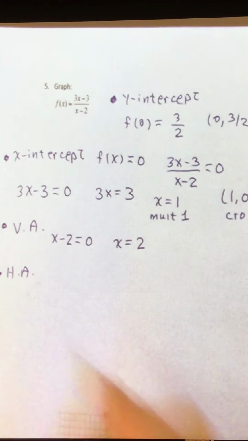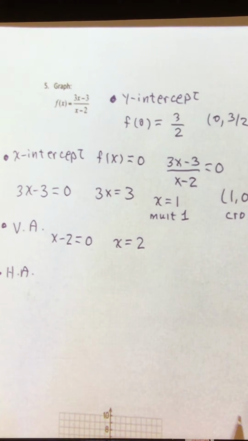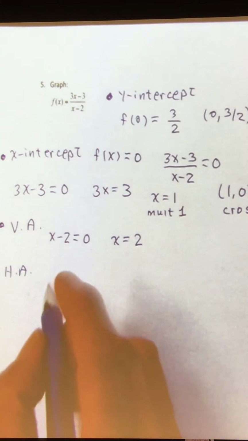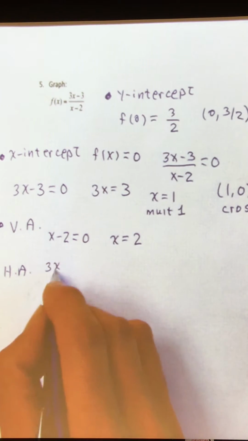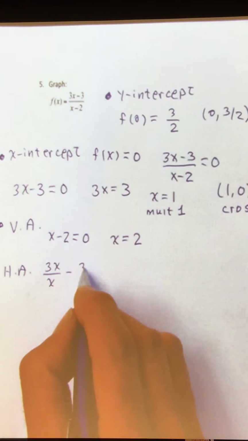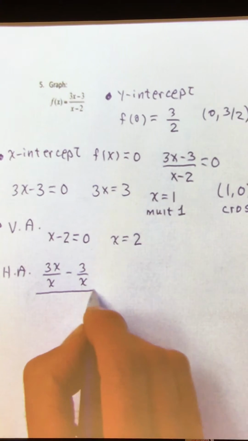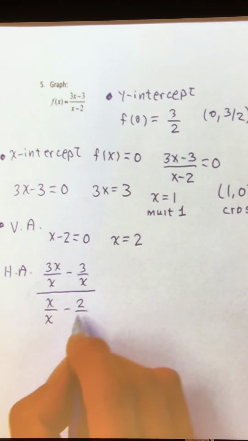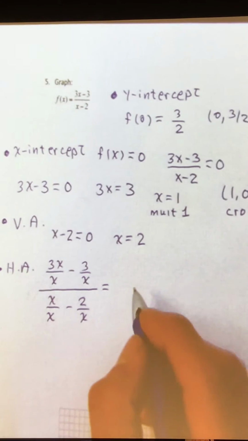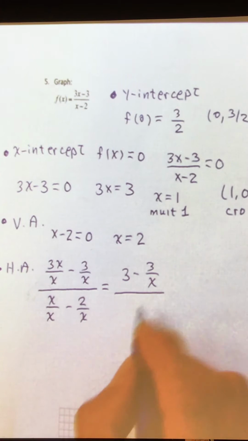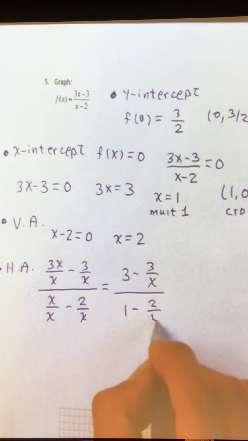Find a horizontal asymptote. We'll look at the highest power that appears in the denominator, that is x to the first power, and we'll divide all terms by that highest degree term. So 3x divided by x, minus 3 over x, divided by x, and 2 divided by x. We'll simplify that, giving us (3 - 3/x)/(1 - 2/x).